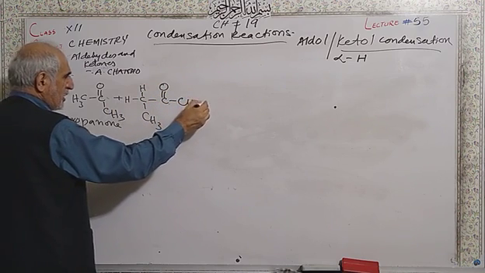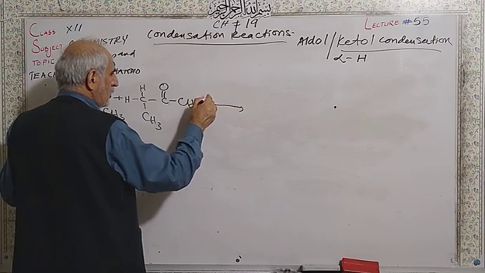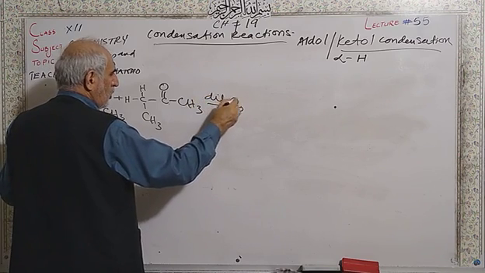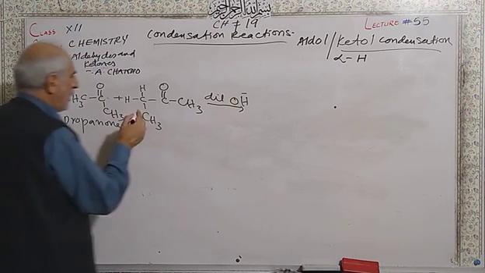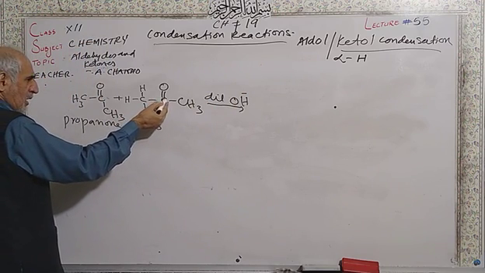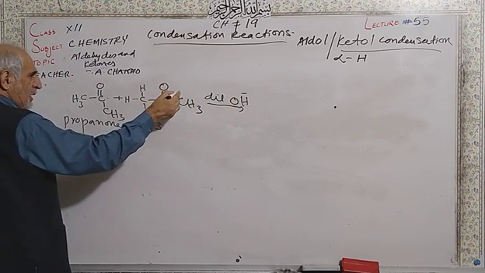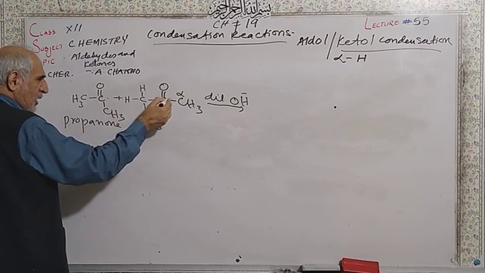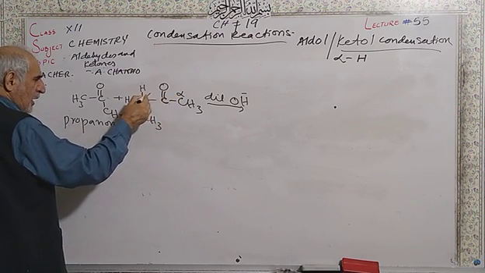Most of the students make mistakes. Must write the conditions. This is the ketone functional group. This is the alpha carbon attached to the next. This is also alpha carbon, alpha dash.